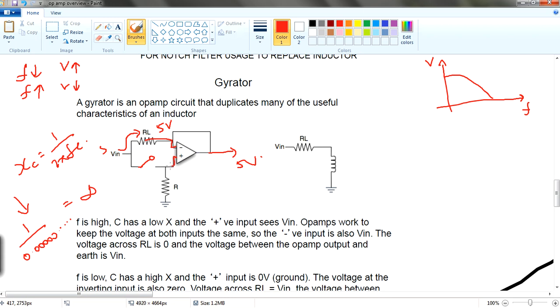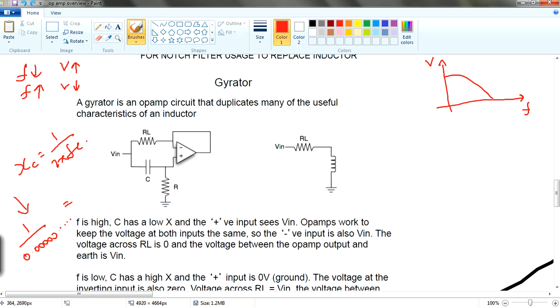Because you're referencing to ground, this is actually 0 volts, so this pin over here is going to have 0 volts. So you're passing all the 5 volts out to somewhere else. But nonetheless, the key note is that you pass all the 5 volts through the RL instead of the capacitor over here. You get me.